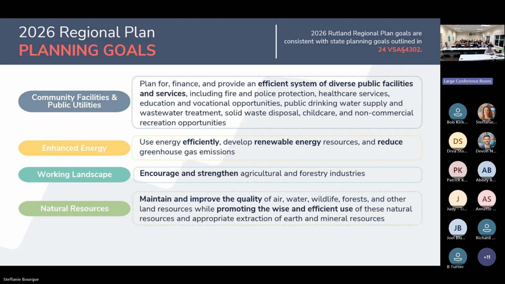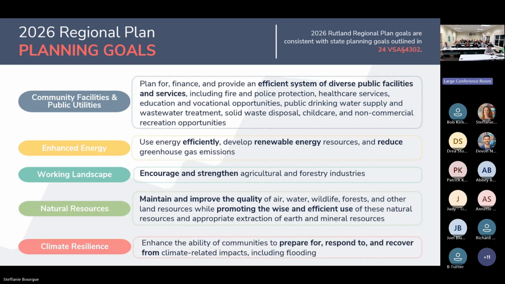For natural resources, we want to maintain and improve the quality of air, water, wildlife, forests, and other land resources while promoting the wise and efficient use of these natural resources and appropriate extraction of earth and mineral resources. And then finally, in terms of climate resilience, our goal is to enhance the ability of communities to prepare for, respond to, and recover from climate-related impacts, including flooding.